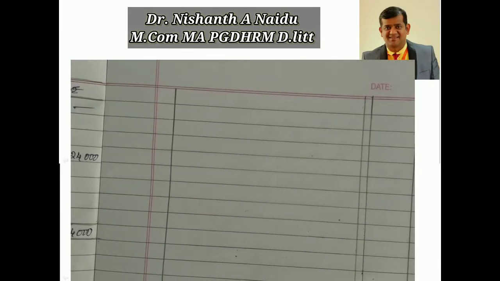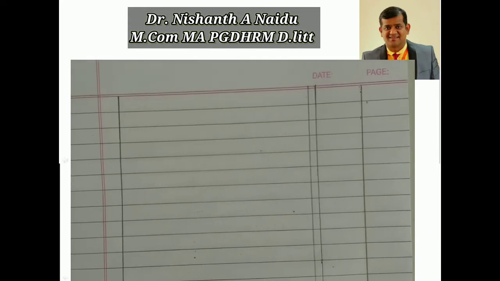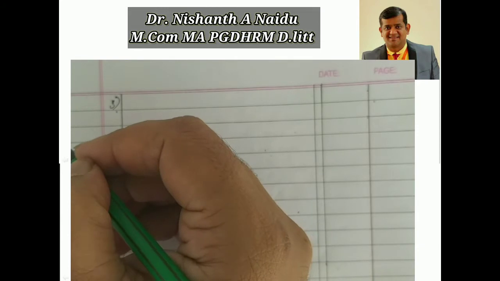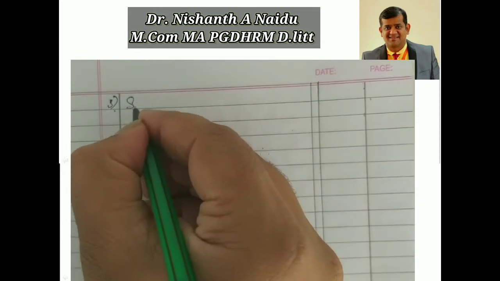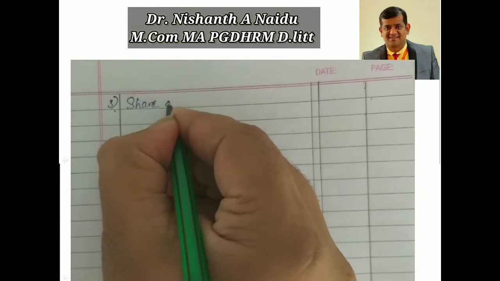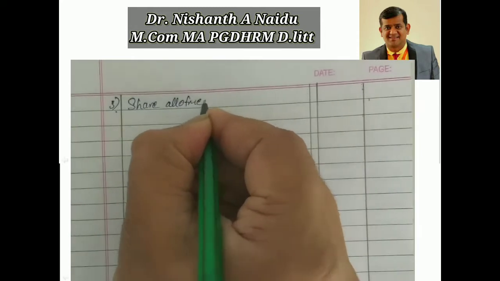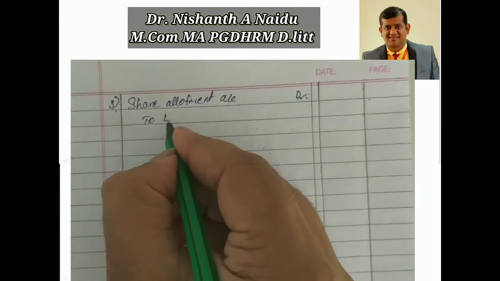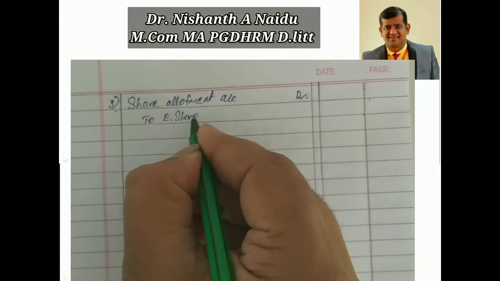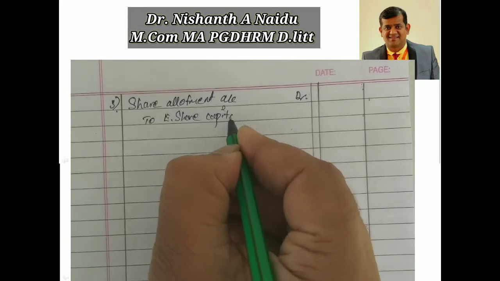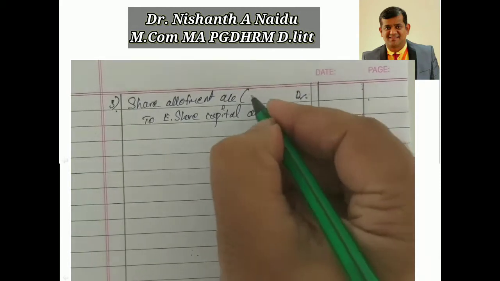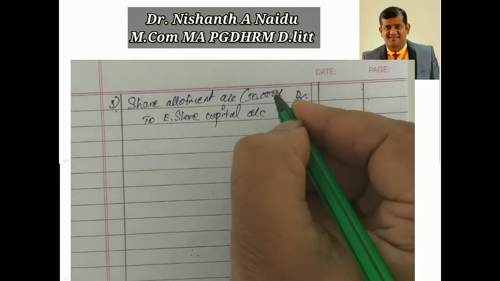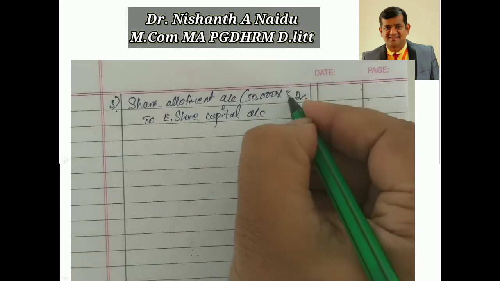Okay, so what is the third entry? Write down the third entry, that is allotment money due. So share allotment account debtor to equity share capital account. So 50,000 into, how much is allotment? 3 rupees.